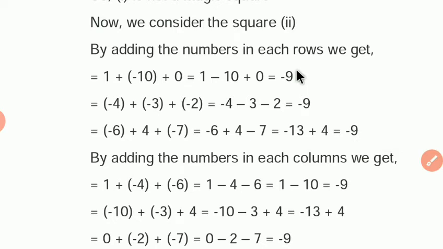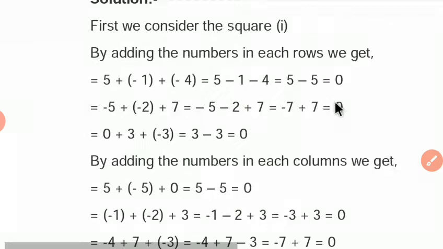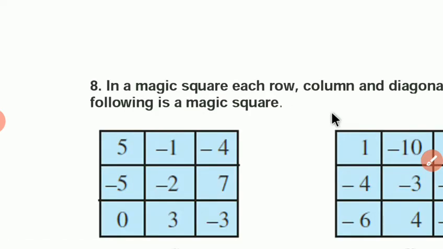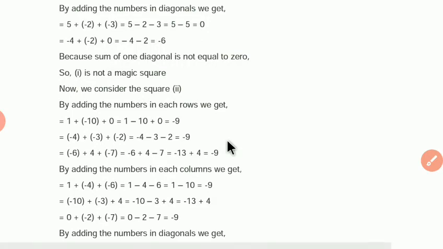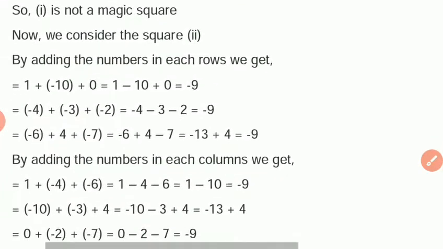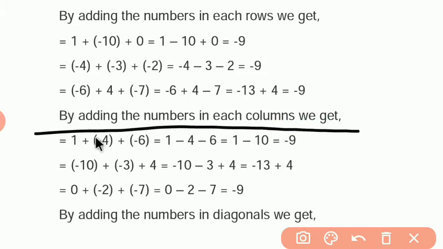So you can see that the sum of each row is equal to minus 9. Now let us check for columns. The first column is 1, minus 4, minus 6. Let us add the numbers of the column. 1 plus minus 4 plus minus 6.